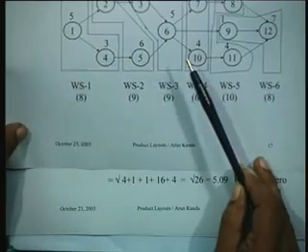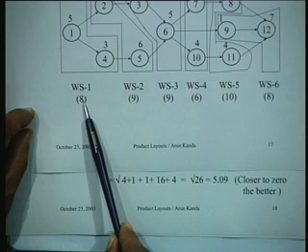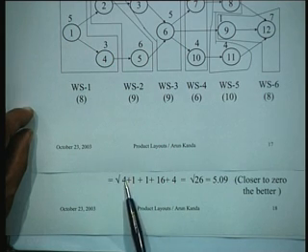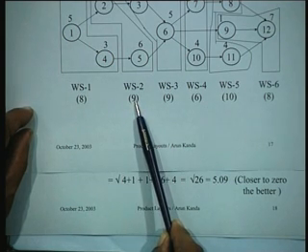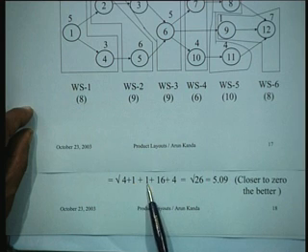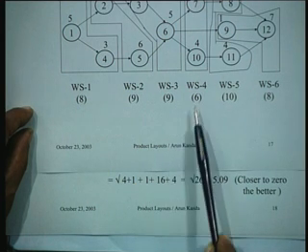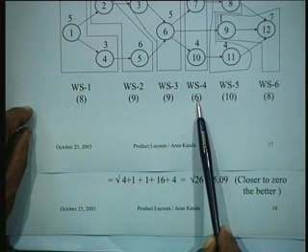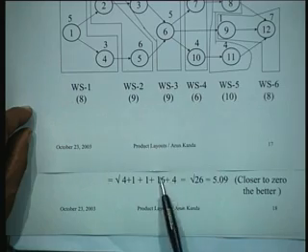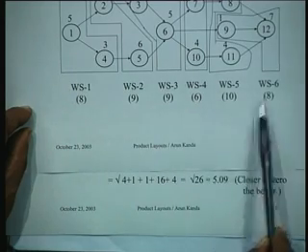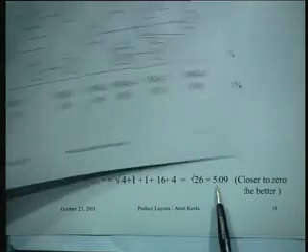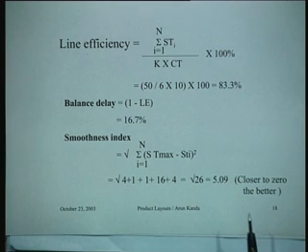Look at this example: idle time here is 2, so 2 squared is 4, here it is 1, so 4 plus 1 plus 1 plus 16, because the idle time here is 4, 4 fours are 16, no idle time here, and 4, so root of 26, which is 5.09, and closer to 0 the better.